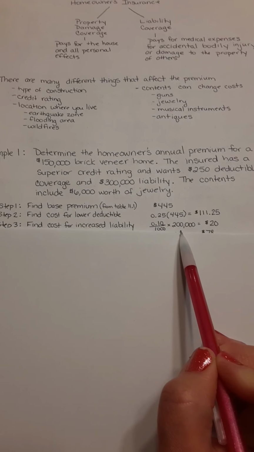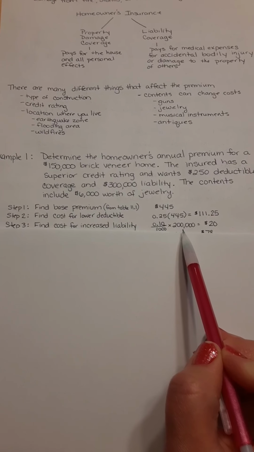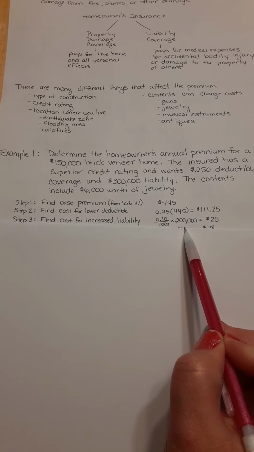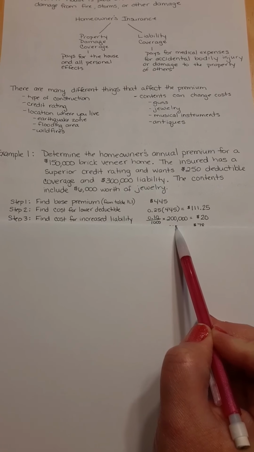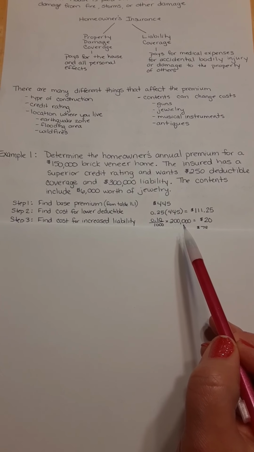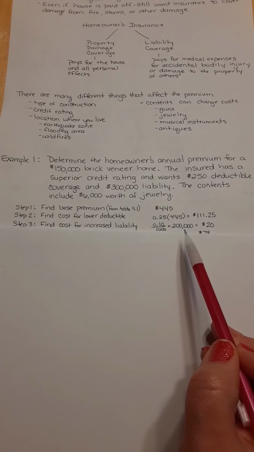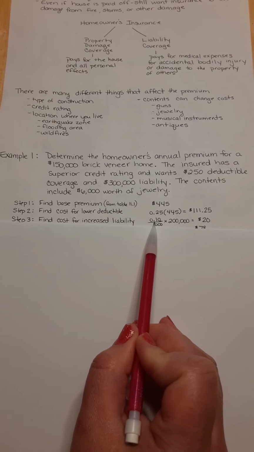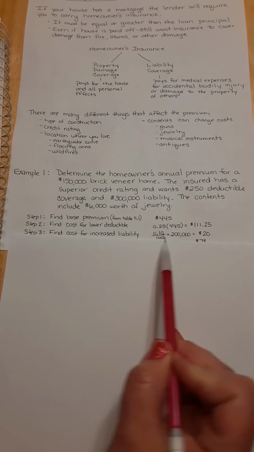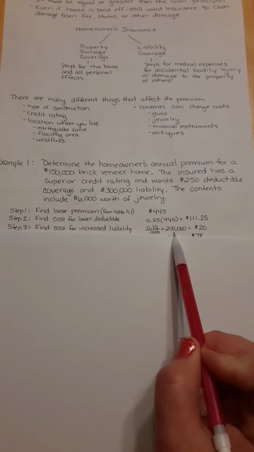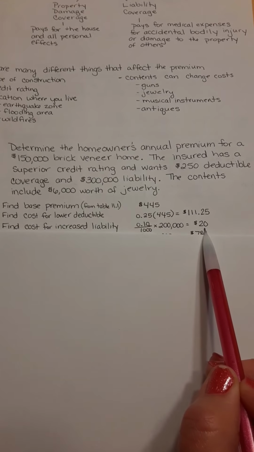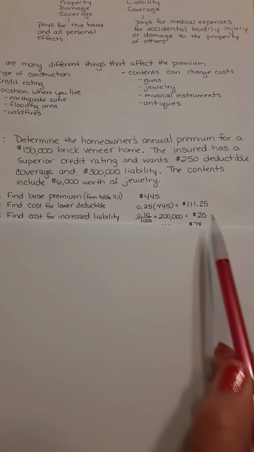I have $200,000 because the $100,000 is already included in there. Now, if I look at number 3, it says the base liability coverage is $100,000. Additional coverage costs 10 cents per 1,000. So here I have my 10 cents per 1,000. I'm going to multiply that by the 200,000 and I get $20. That's how much extra I'm going to pay for having that additional liability.